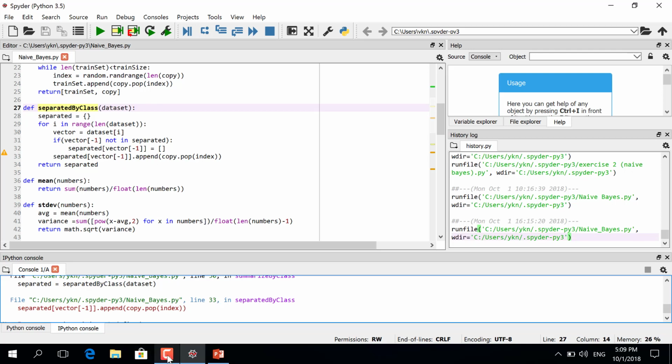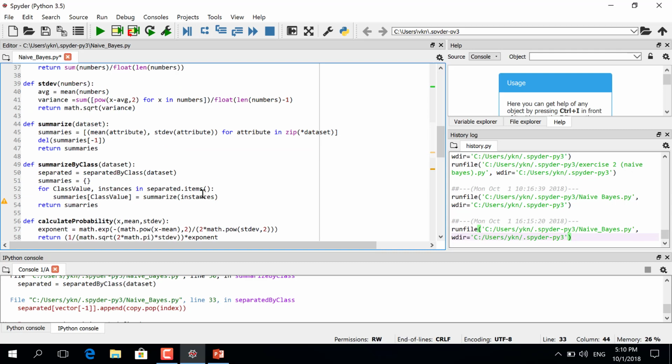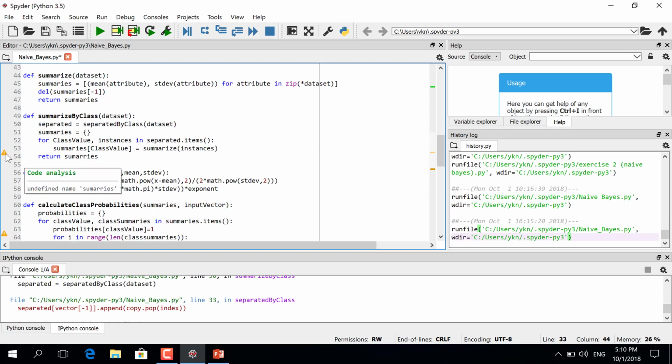Oh, so we don't have copy here. Yes, it should be an append of the factor, not the copy, because here we have defined the factor, so that's why we have to append the factor instead of the copy.